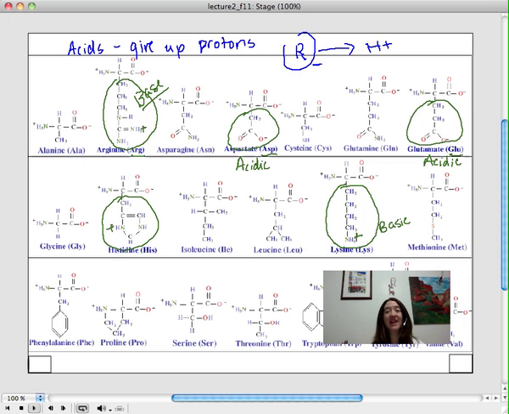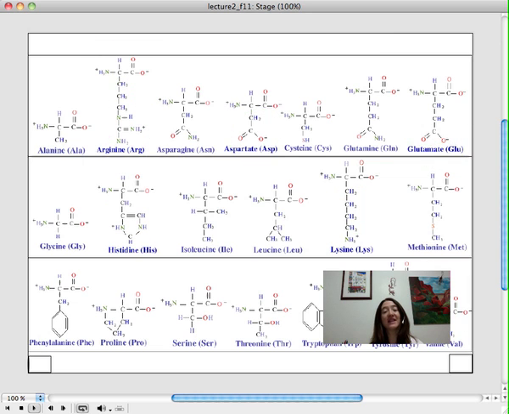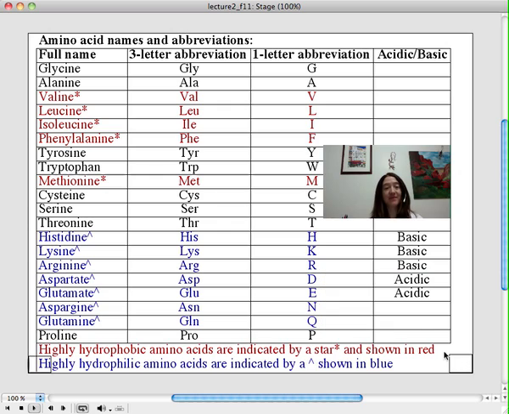And on the next page, I have a table that summarizes all of that. You can see here that I've listed and carefully labeled those amino acids that are highly hydrophobic, and those have a star by them. Here are our highly water-hating amino acids.